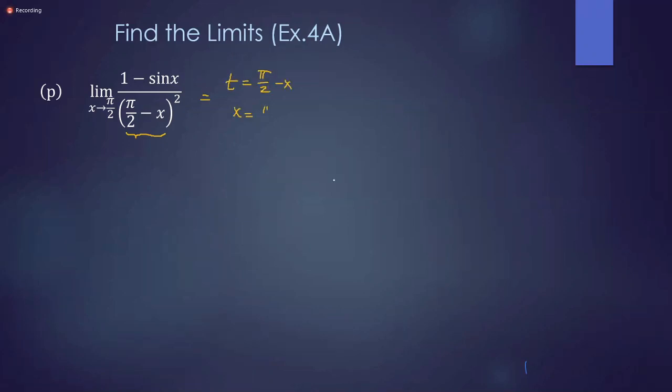And when x tends to pi half, evidently t tends to 0. So if we stop using x, but start using t, then we might have something more useful. We would have limit, instead of x tends to pi half, now I can write t tends to 0, because that's what it does.